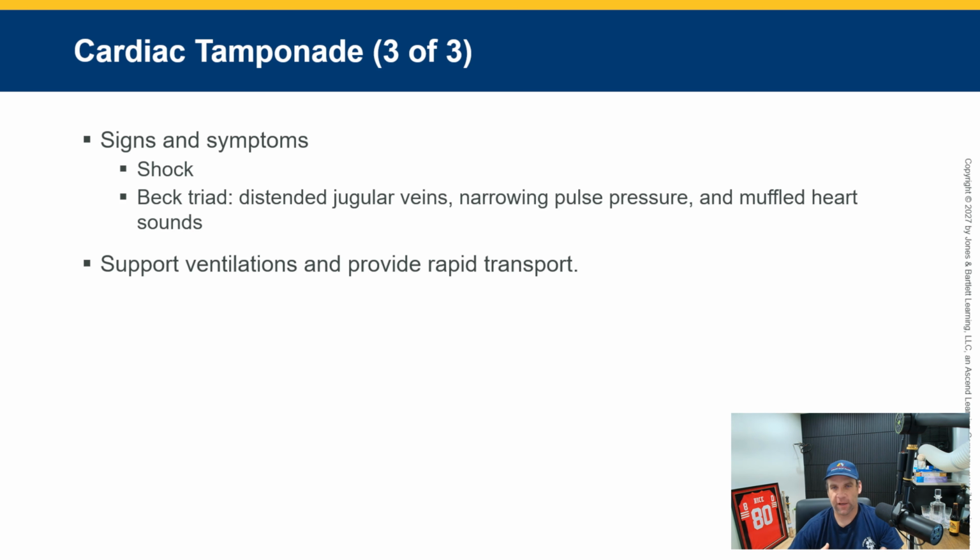Really, a declining level of consciousness may be more obvious as the patient's cerebral perfusion starts to worsen. But again, your pre-hospital treatment is just going to be supportive. Maintain the patient's airway, provide oxygen as needed, assist ventilations as needed, and then treat for shock and transport. Transporting to the correct facility is the primary thing you can do for that patient.